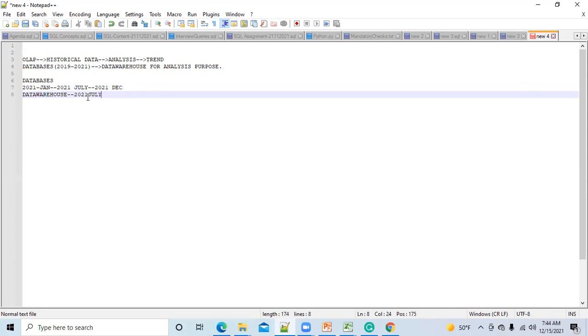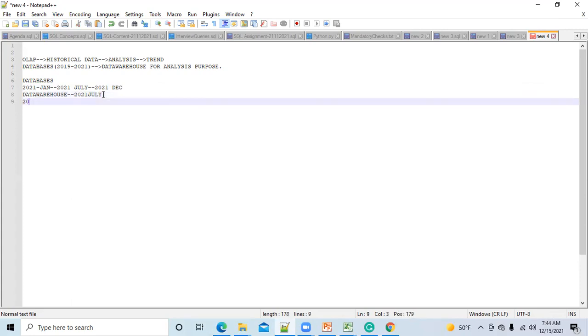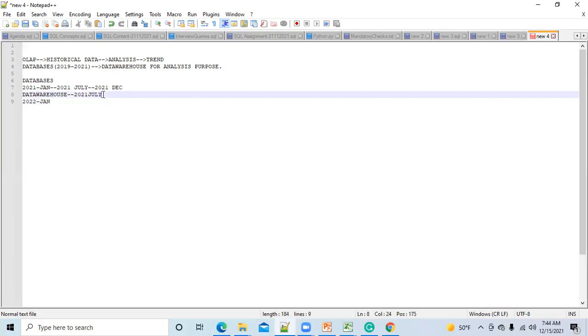So once you move to January 2022, only then will you think that now we should move the data from August to December into the data warehouse. That's why data in a data warehouse is not up to date, but databases are always up to date.